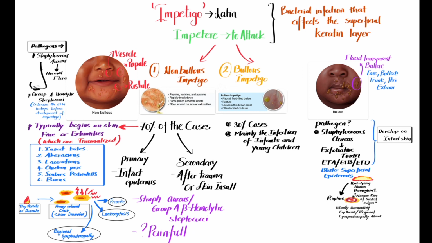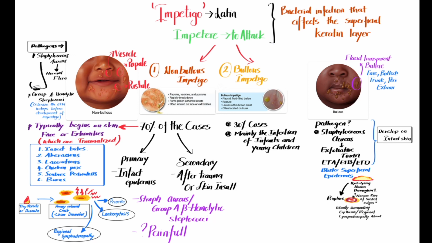So what are the organisms which cause this non-bullous impetigo? The major causative organism is Staphylococcus aureus, which is found in the normal flora of the nasal cavity. You can correlate with the location where non-bullous impetigo occurs, which is near the oral cavity and nasal cavity areas.